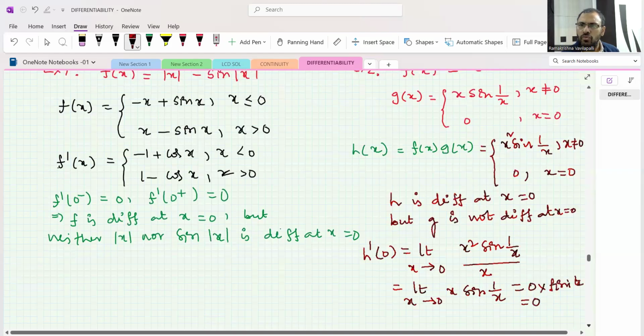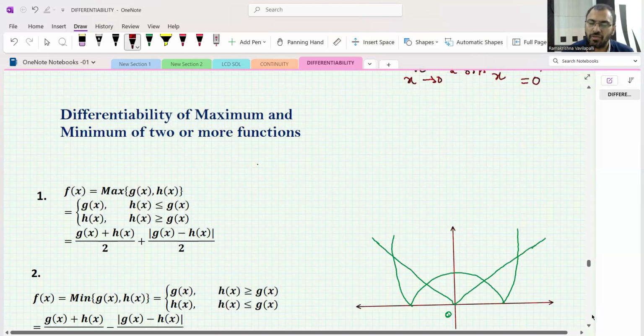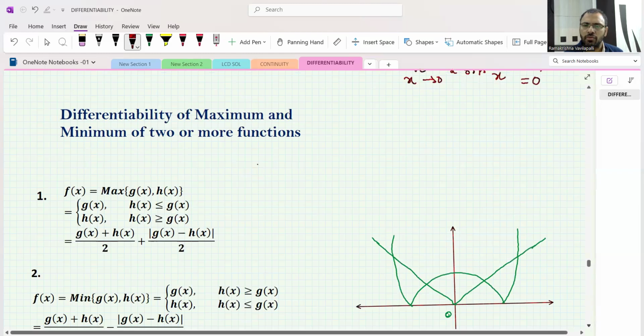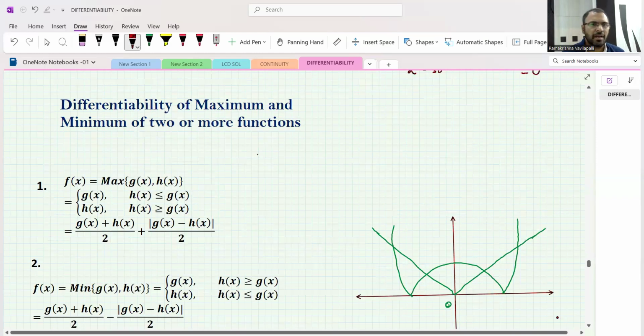Well, I'll move to the minimum and maximum of two or more functions. It is very difficult to explain limits, continuity, differentiability, each and every topic of calculus. But once you understand, if you do very good practice of previous JEE Main and previous JEE Advanced, you will excel like anything.